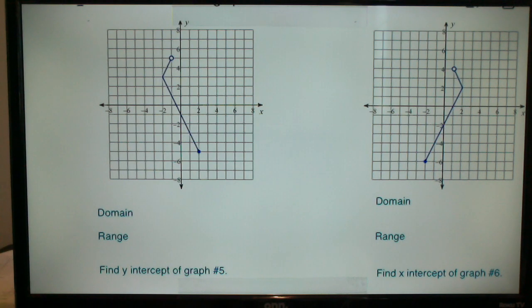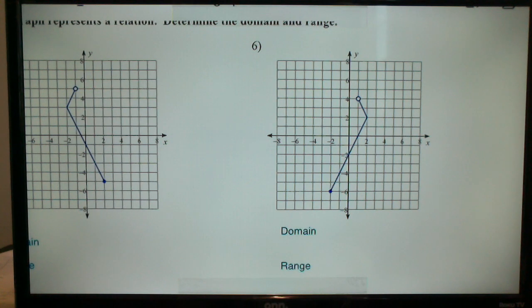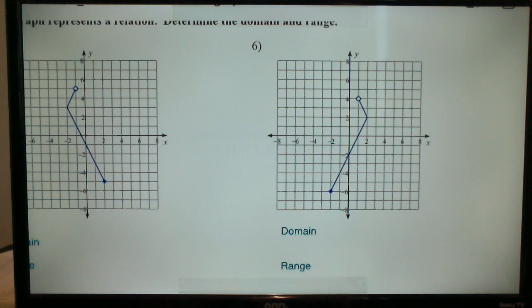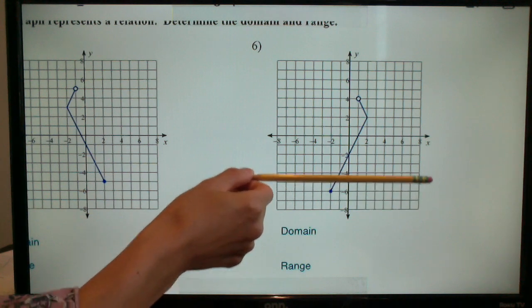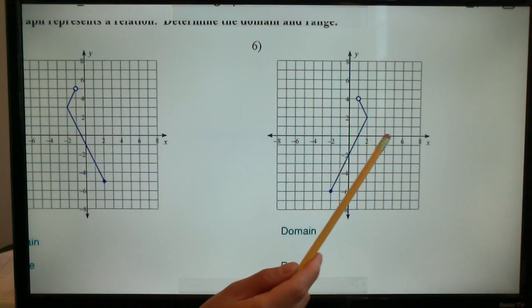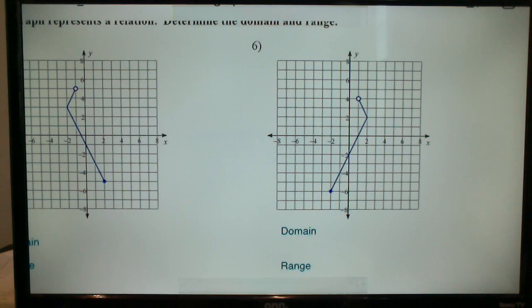And number 6. Domain is -2 to 2. Range is -6 to 4. And the x-intercept is right here when y is 0. So the x-intercept is 1.